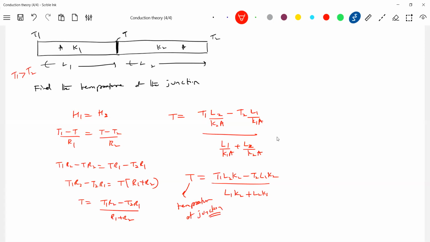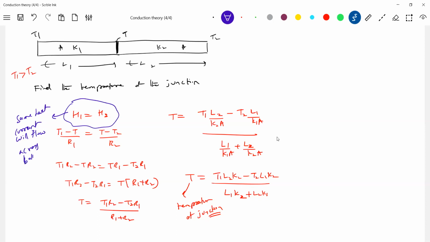Okay, it's a small idea like this. So what is the basic idea? The same amount of heat current will flow across both the rods. This is a very important part. Same heat current will flow across both the rods.